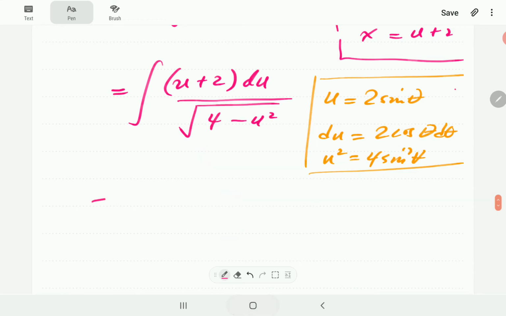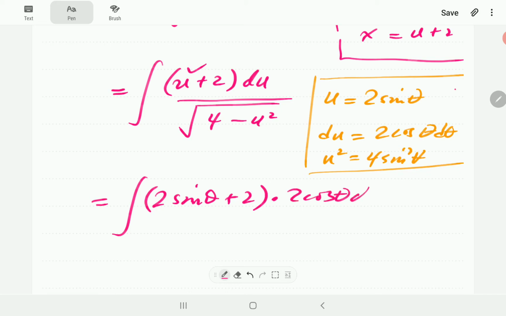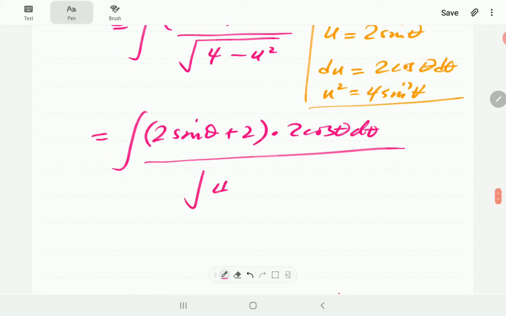So our integral is now going to be u is 2 sine theta here, and then plus 2. Du is 2 cosine theta d theta, and inside that square root we're going to have 4 minus 4 sine squared theta.